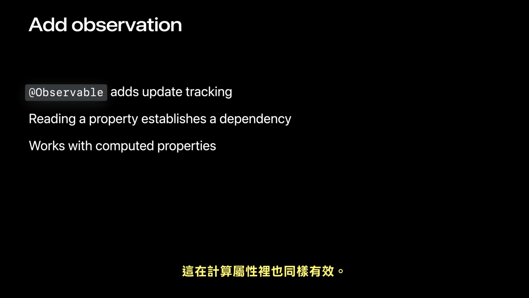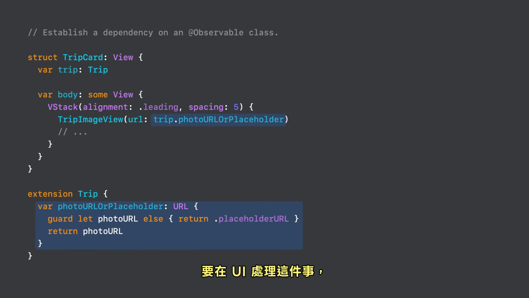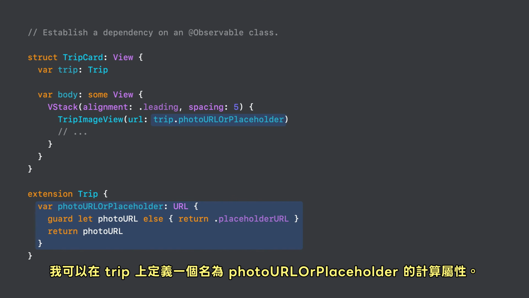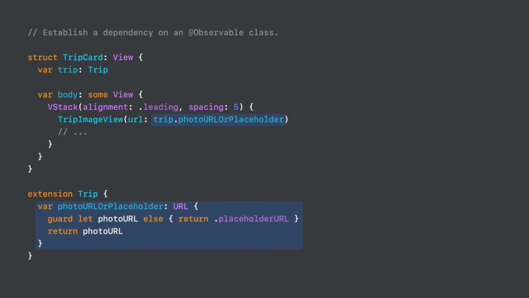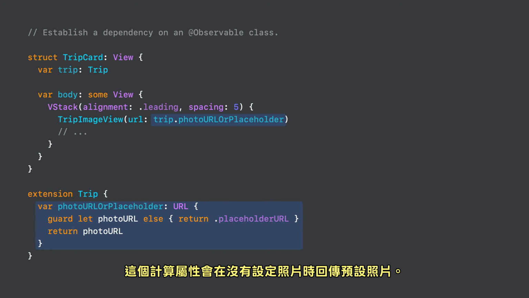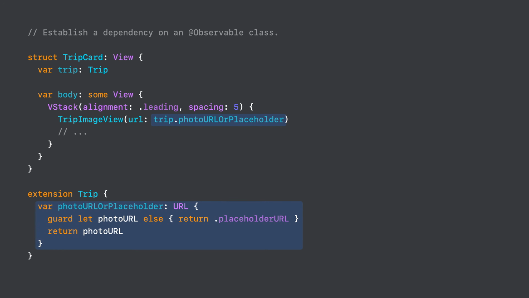And this also works through computed properties. For example, let's say I want to use a placeholder photo for trips that don't have a photo saved yet. To handle this in the UI, I could define a computed property on trip called photo URL or placeholder. This computed property returns a placeholder photo if there isn't one defined for the trip.